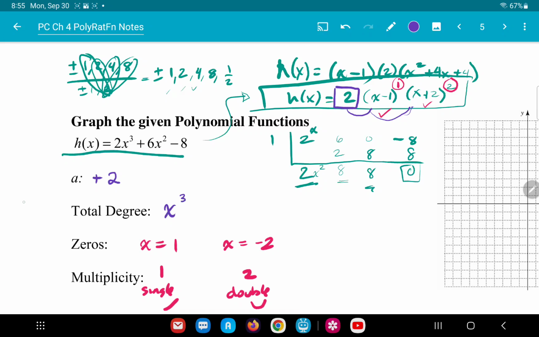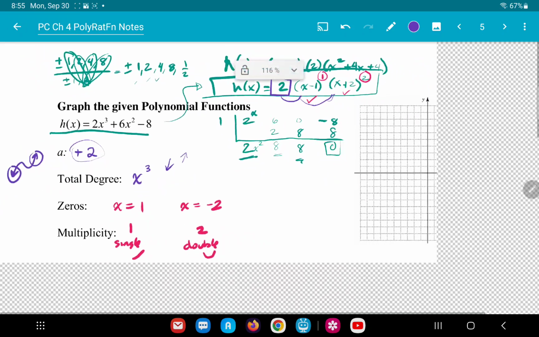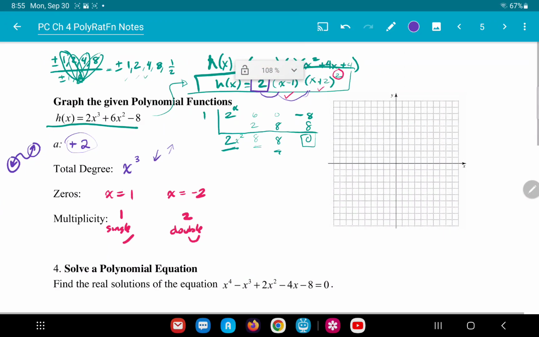And based on x to the third power, with a positive leading coefficient, that tells us we're going down to up. So that's going to help us in drawing our graph. Now we know for sure that our graph is going to start somewhere here in quadrant 3. It's going to make its way over to quadrant 1. It will look something like this, but let's put where the zeros are now.